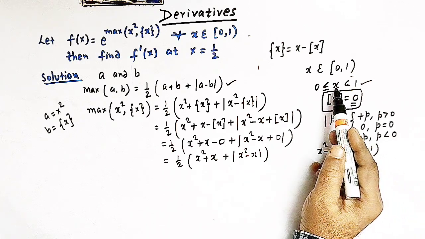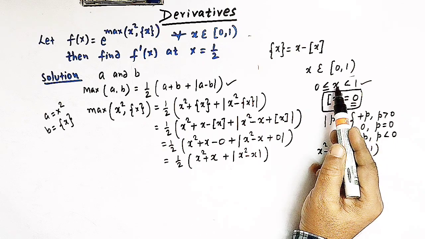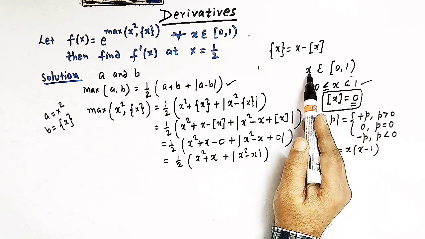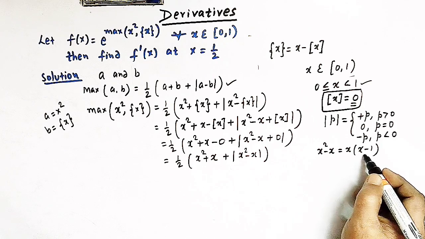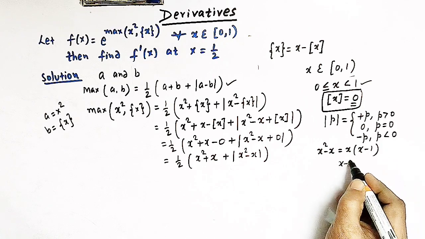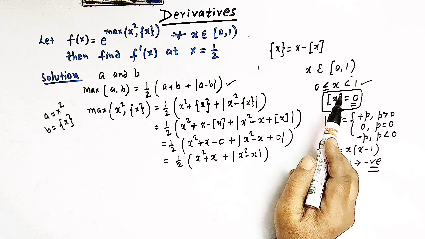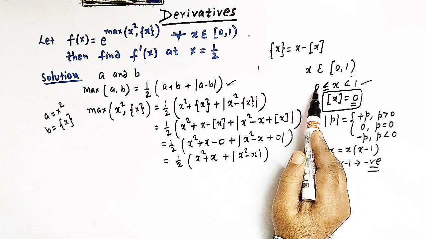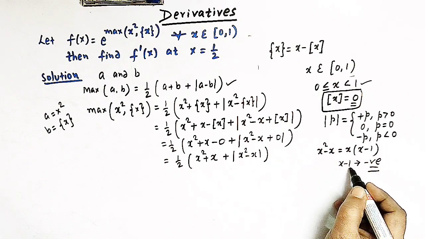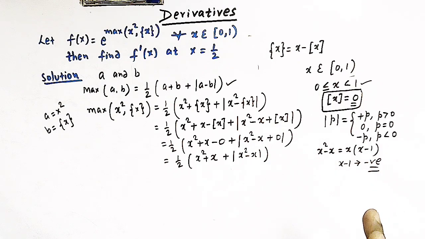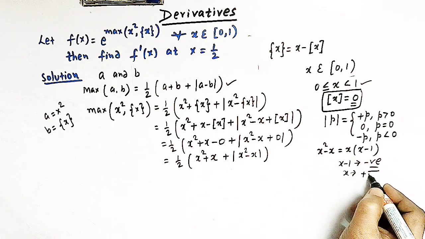And now see here x lies between 0 and 1, right? All the values of x which lie between 0 and 1 make this quantity, that is x minus 1, a negative quantity, right? Because whenever we take x lying between 0 and 1, including 0, then x minus 1 is always going to be a negative quantity, but x is a positive quantity.